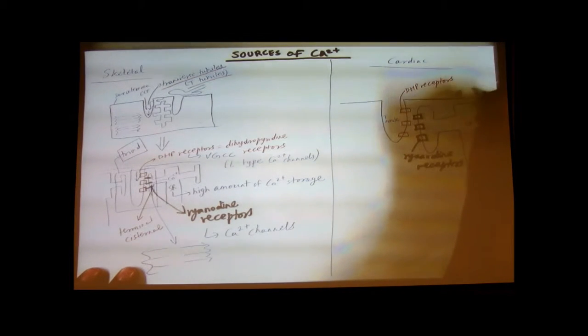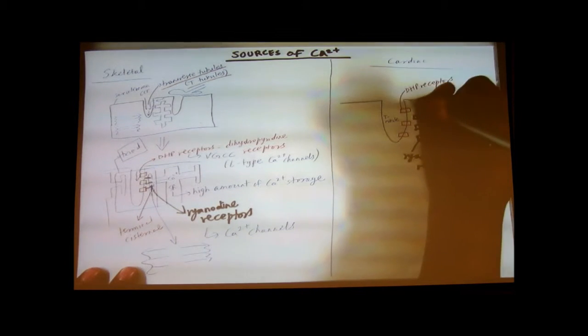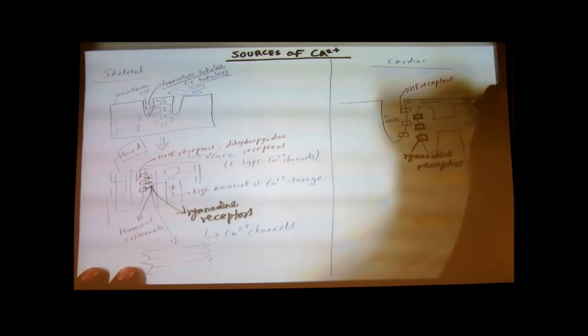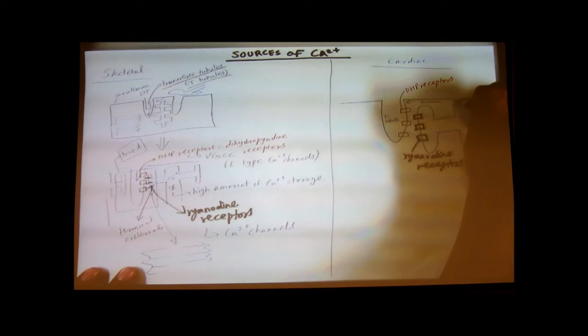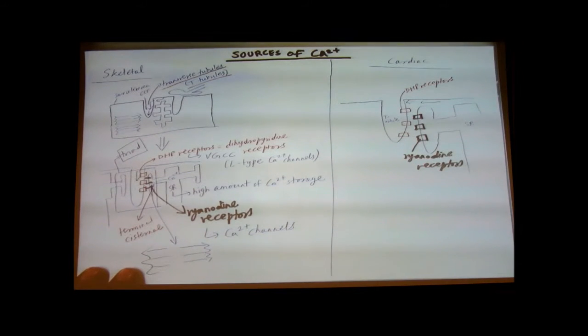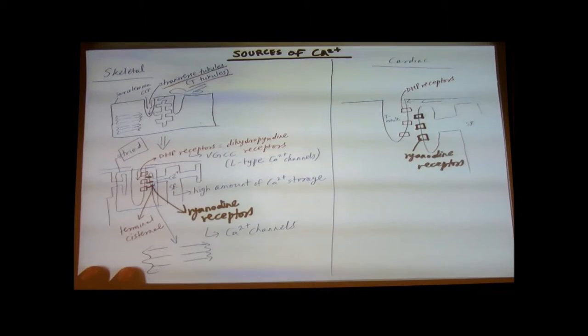So when we have the action potential propagating down the cardiac muscle cell, and we know that this action potential occurs because of what's called the pacemaker in the cardiac muscle, which is another name for the SA node.